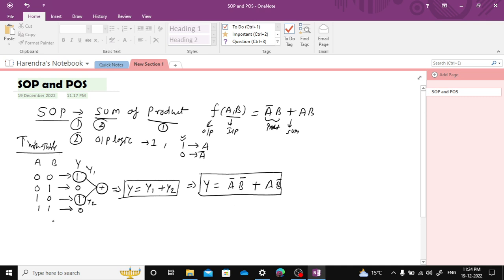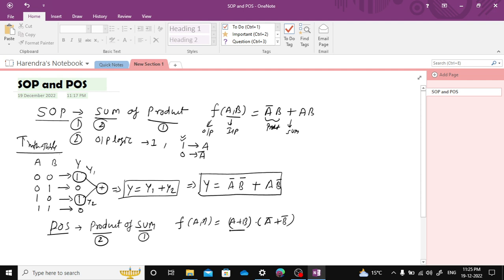Second one is POS. POS means product of sum. It means first sum the input variables, then product it. You can say the final expression, suppose like this, F of A, B is (A plus B) and (A complement plus B complement).